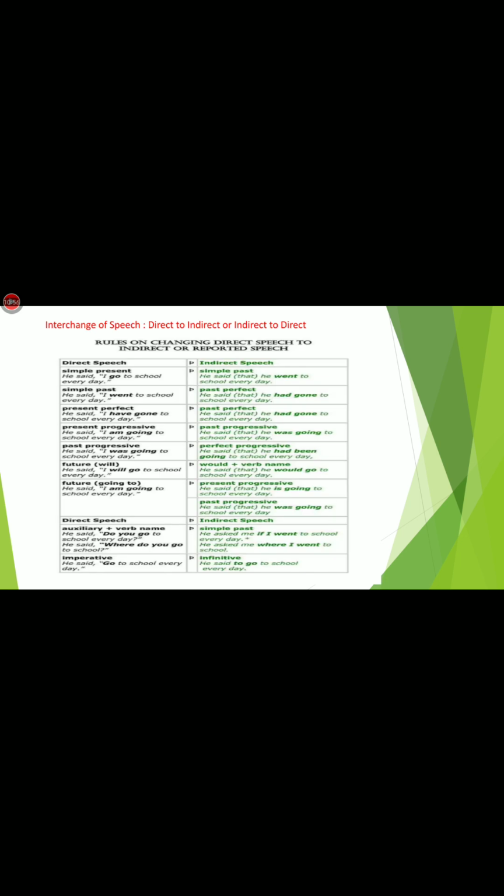Now coming to the next, that is the rules for changing direct to indirect speech. So what is direct speech? The one which you quote. And indirect speech is the reported speech. So what are the changes that occur when we change from direct to indirect speech? First and foremost, the punctuation marks change, that is, the quotation marks are removed.